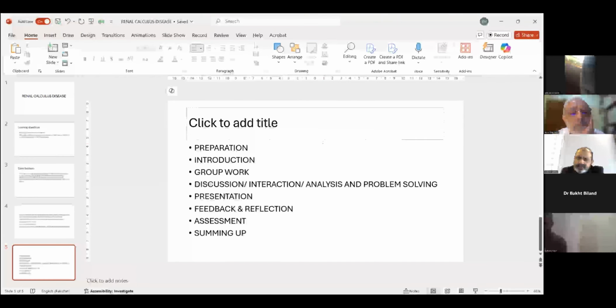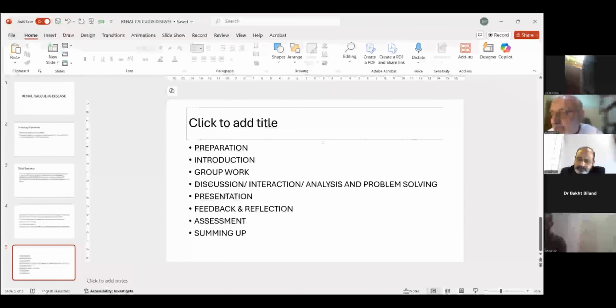And in CBL2, it's basically going to be the clinical aspects which are going to be correlated with the baseline knowledge of these students. And from history and exam, clinical history, past history, and all those things, then we can go for the etiology of the renal calculus disease.